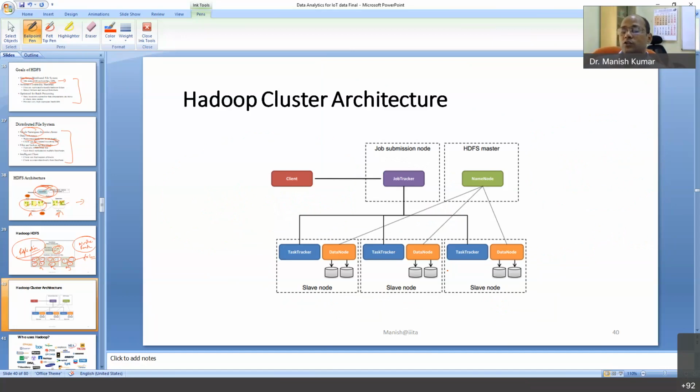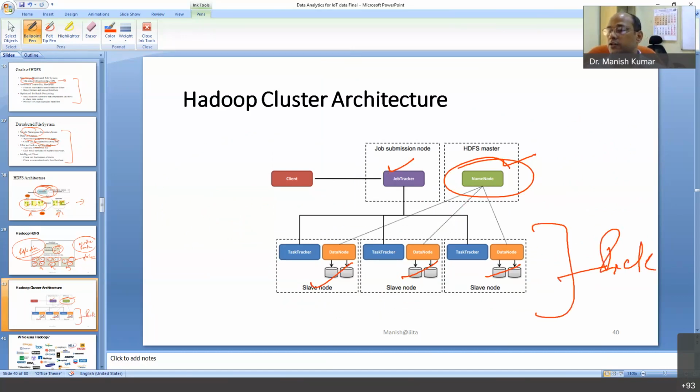So the entire Hadoop cluster architecture will look like this. There will be a job tracker, and there will be a DFS master, which is the name node or namespace, as we call it. And then these are individual nodes, organized under rack configurations. So different racks with different sets of slave nodes could be part of that.